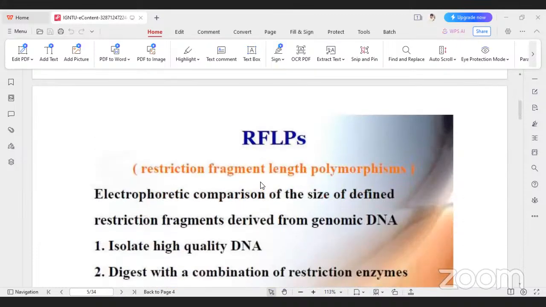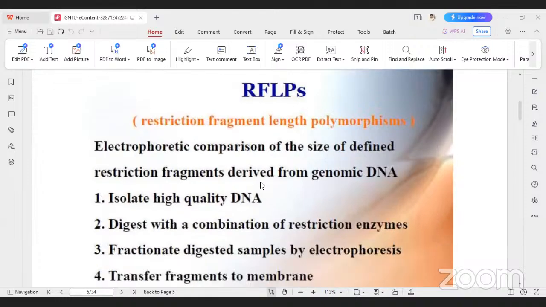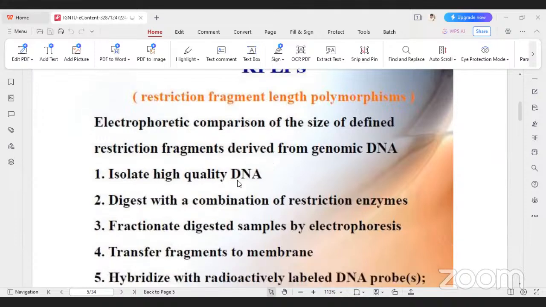This is restriction fragment length polymorphism, where electrophoretic comparison defines the size. The first step is to isolate high quality DNA from the organism, from the cell. The second step is to digest with a combination of restriction enzymes.